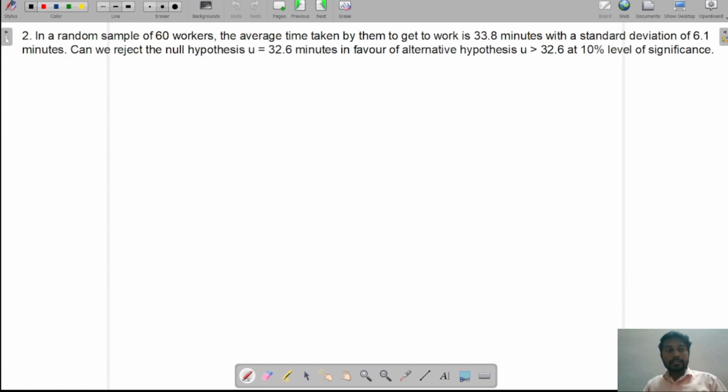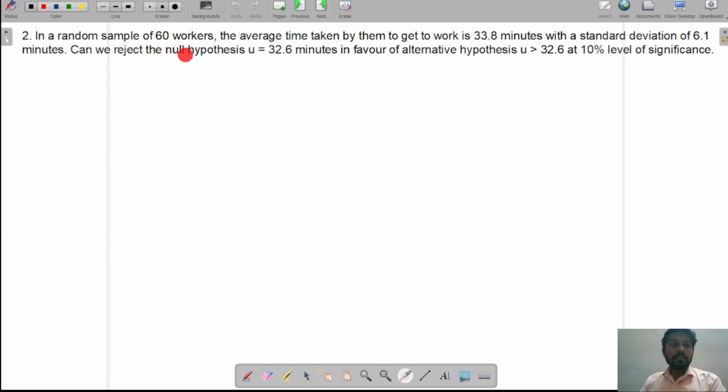Now coming to one more example. In this question, let's read the question properly, then we'll identify what is given. In a random sample of 60 workers, the average time taken by them to get a work is 32.8 minutes with a standard deviation of 6.1 minutes.